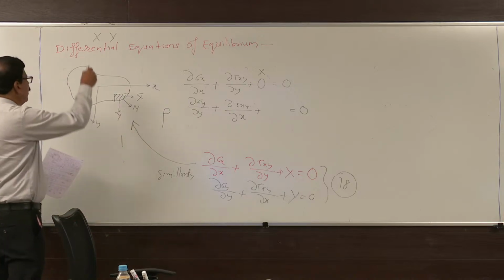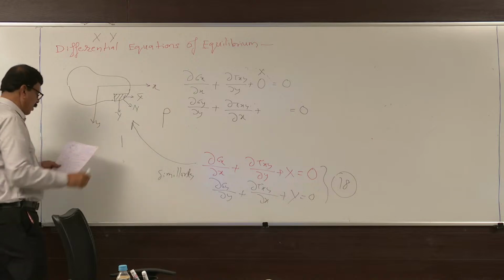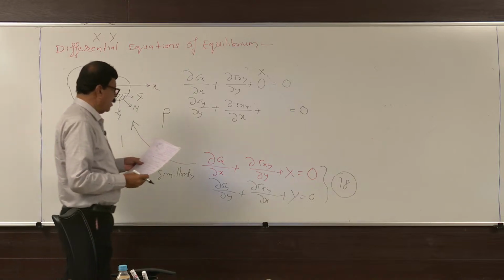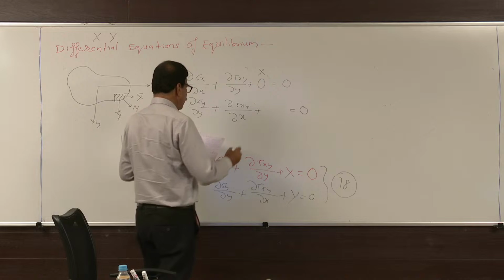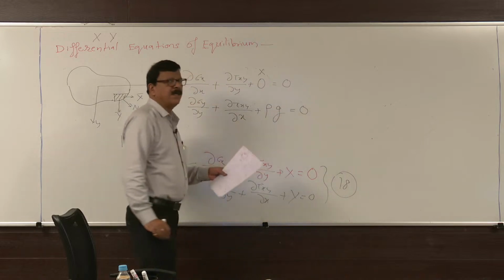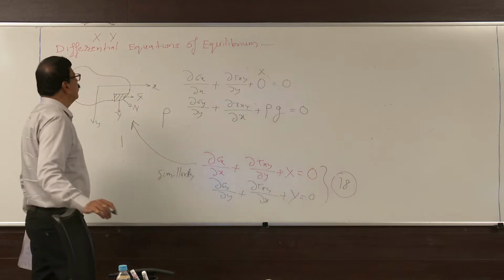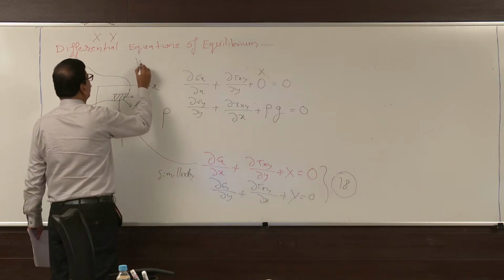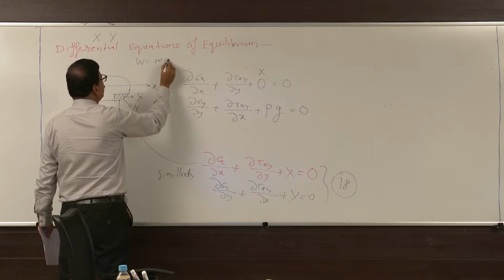Its weight is always acting in the downward direction. So Y becomes rho into g. As I told you, the weight of the body is equal to m into g.